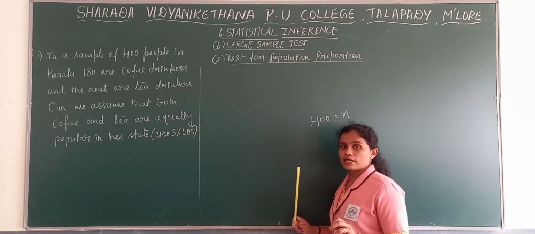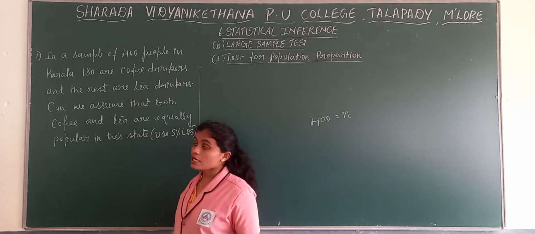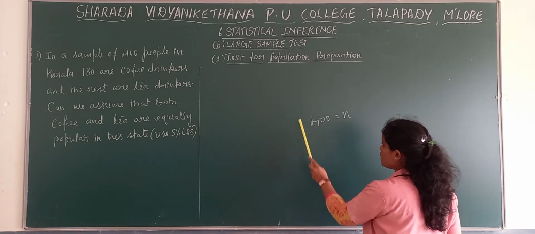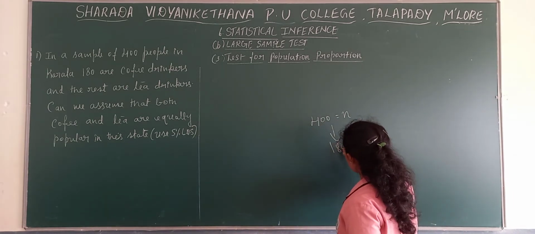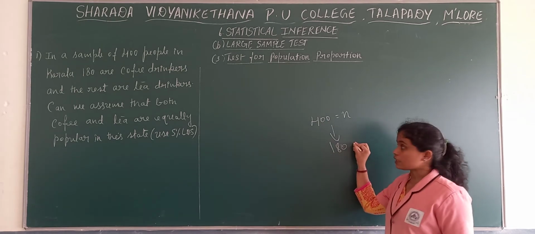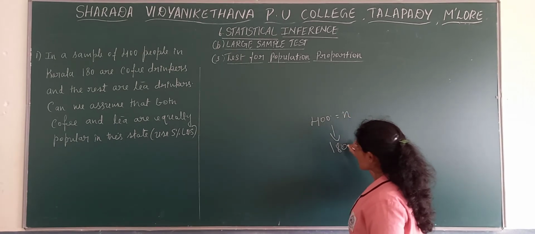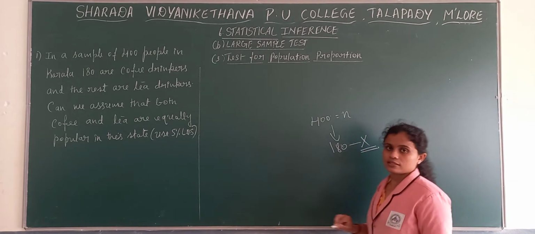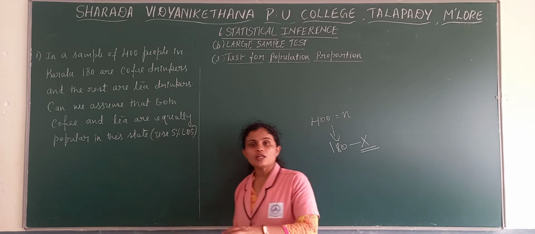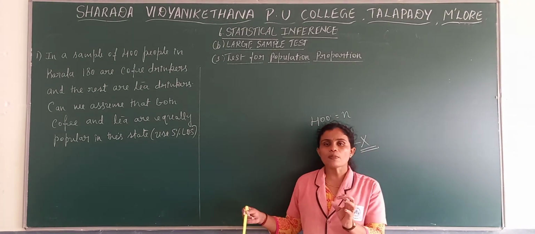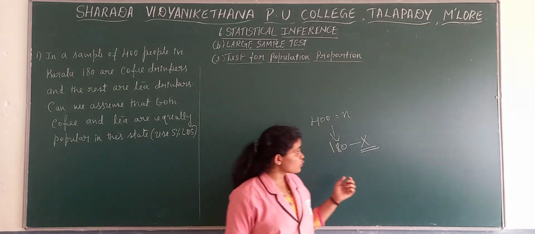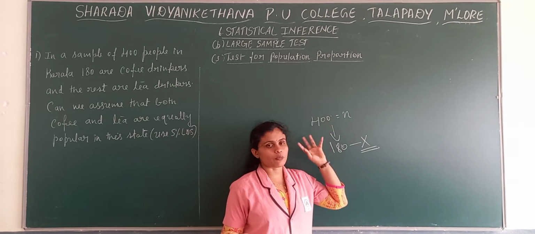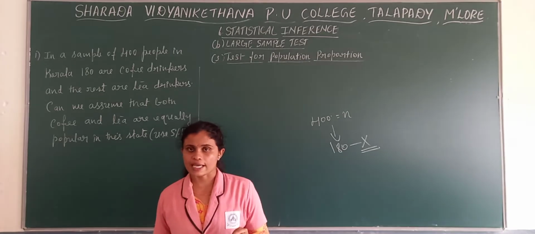In this sample, 180 are coffee drinkers. This particular number chosen from the sample, we call it x.